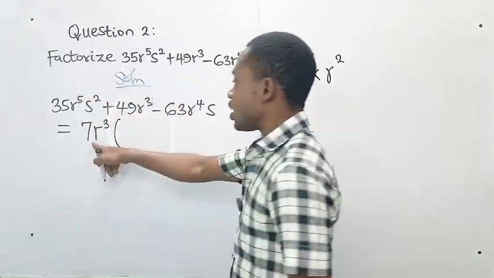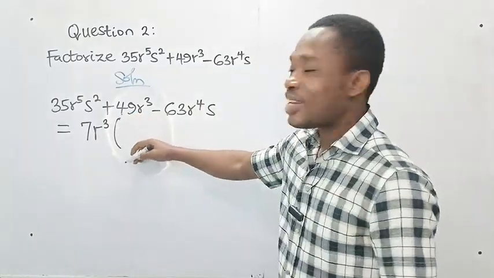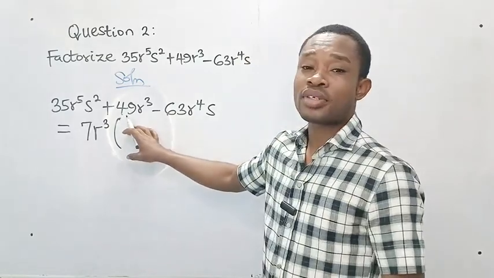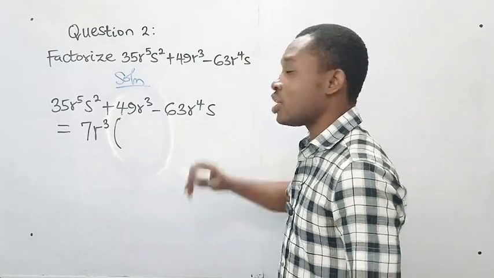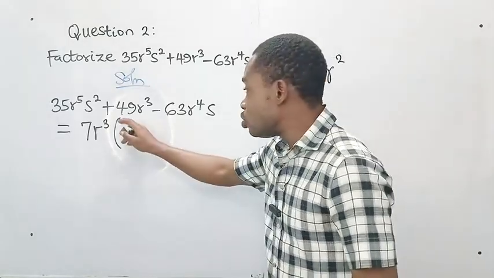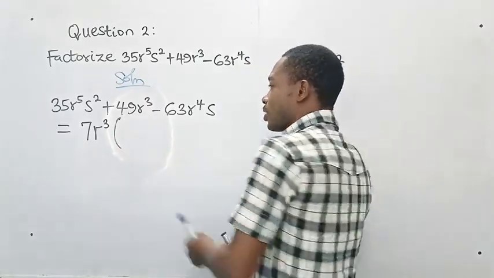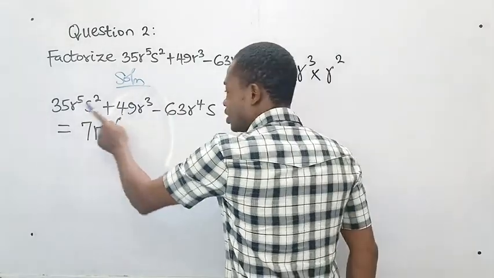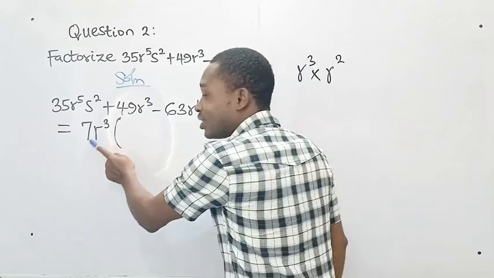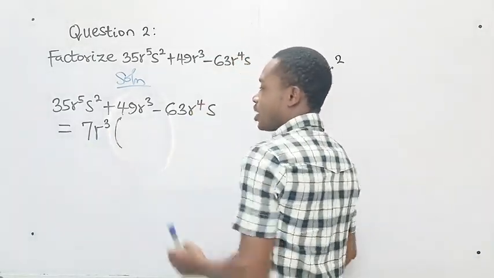Now that we have gotten the highest common factor, we have to open brackets and then find the terms that are meant to be inside the bracket. What will now be the new term? And how do you get a new term? Like I said, you have your bracket opened. Then you go back to the question. Each of the terms you have there, divide each of them by the highest common factor, which is 7r raised to the power 3.